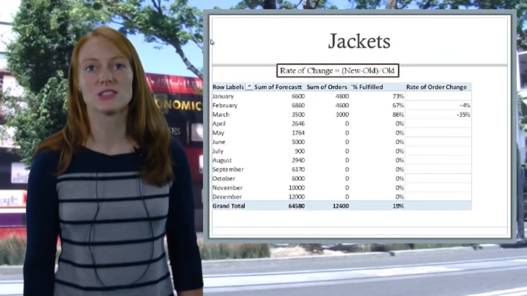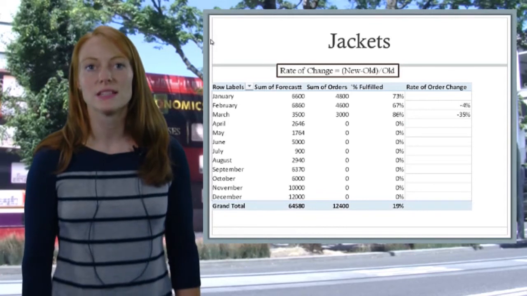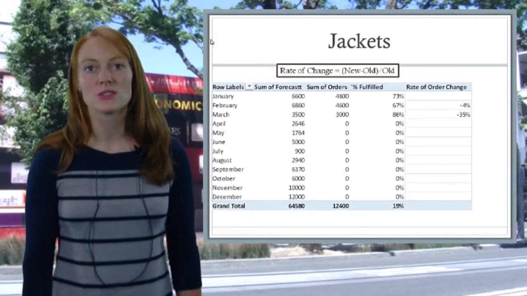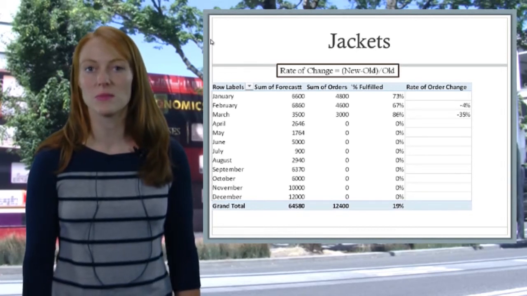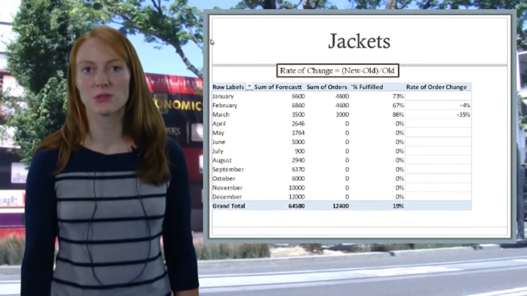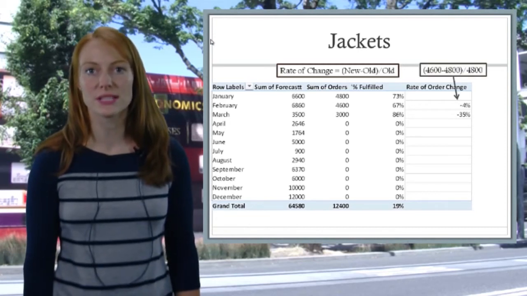Another thing I want to look at is the rate of order change. So how are the orders dipping and moving compared to each other? For this, I'm going to use a rate of change equation, which is always going to be my new month of orders minus my old month of orders, divided by old. So in February, I have 4,600 minus 4,800 divided by 4,800.